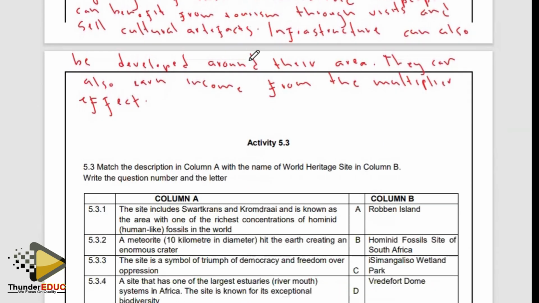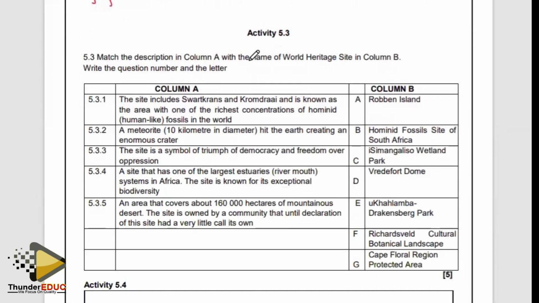All right, moving on to the next question. Match the description in column A with the name of the World Heritage Site in B. The site which includes Swartkrans and Kromdraai is known as B, the hominid fossil sites of southern Africa.